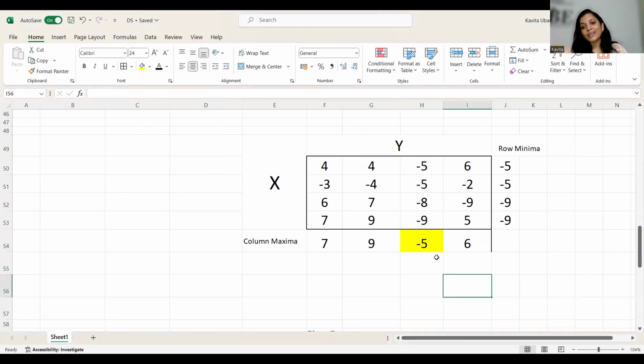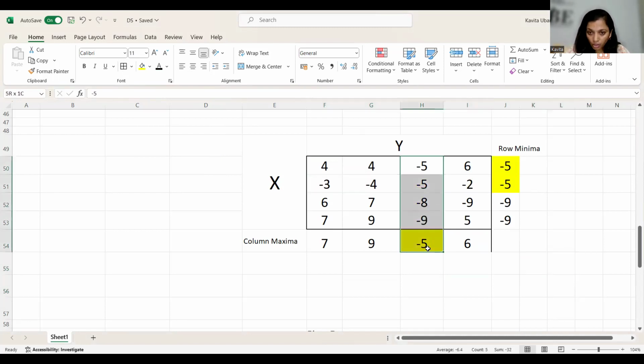So this -5 and this -5 are the same values, same figures. Your first row and third column have the same value as the row minima and column maxima respectively. So the intersection point of this -5 column and -5 row is your saddle point.